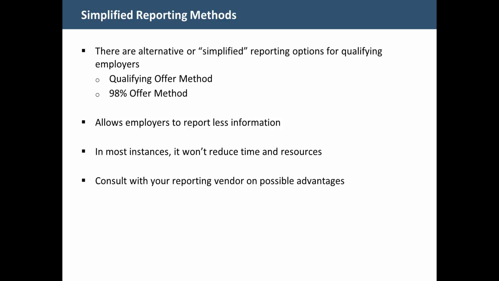I'm not going to go into detail about how you qualify to report under those methods, other than to say that in most instances these methods really aren't very advantageous. They basically just allow the employer to report less information on the forms, but that doesn't necessarily reduce the time or resources necessary to complete the forms.